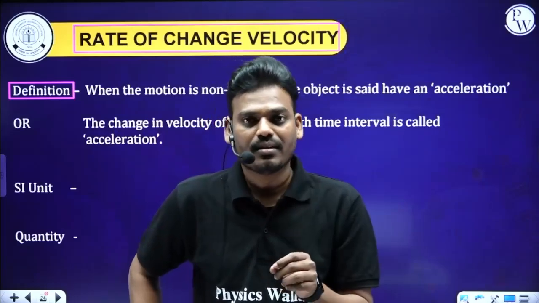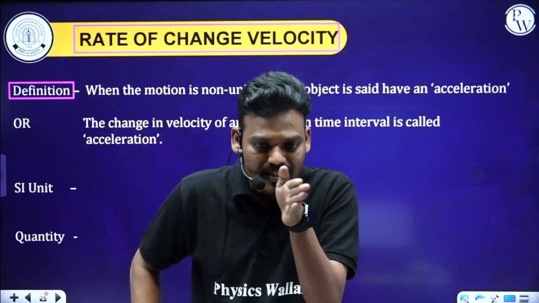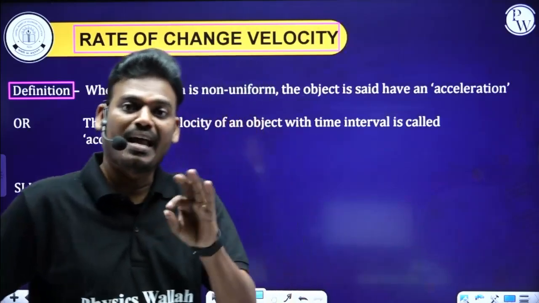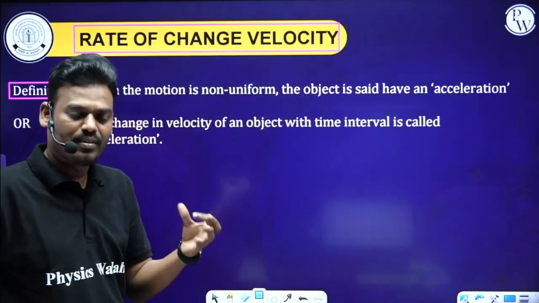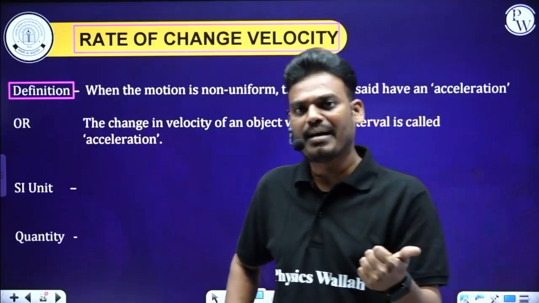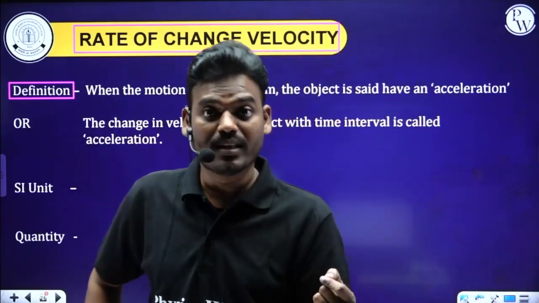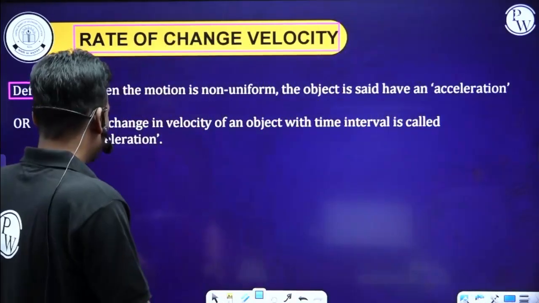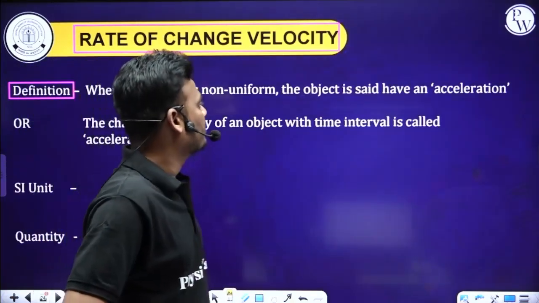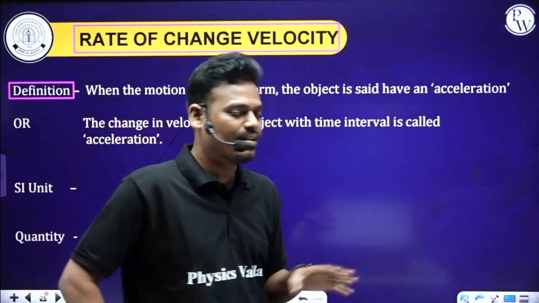But if the direction of the body changes, then velocity changes, or both can change. That is a reality. There can be all these possibilities: change in magnitude, change in direction, or both. Now, when the motion is non-uniform, the object is said to have an acceleration.